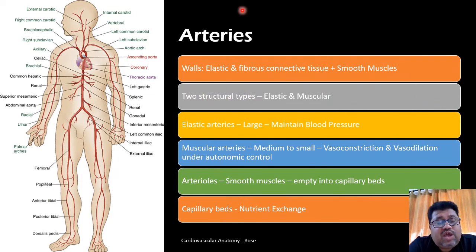So, talking now about the arteries, the walls are composed of elastic and fibrous connective tissue and smooth muscles. Anatomically, these arteries can be categorized into two types depending on the structural uniqueness along their walls. There are the elastic arteries, which include the aorta and the pulmonary trunk, which have a thick tunica media, which contains a lot of elastic fibers, more than smooth muscle cells.